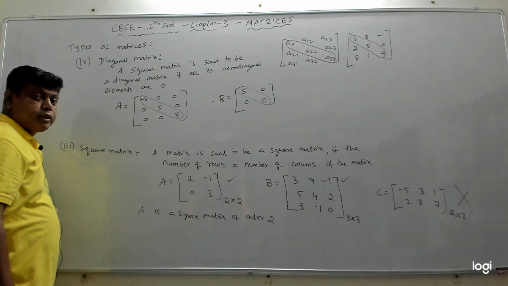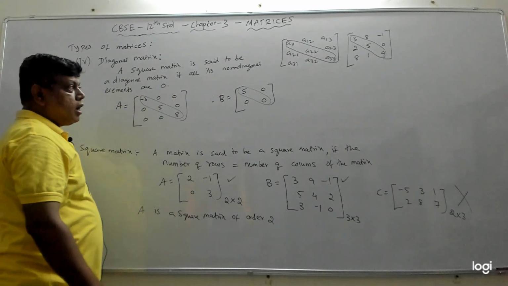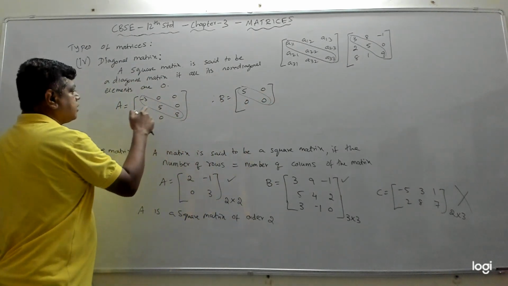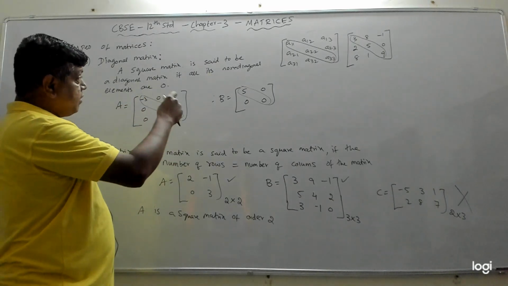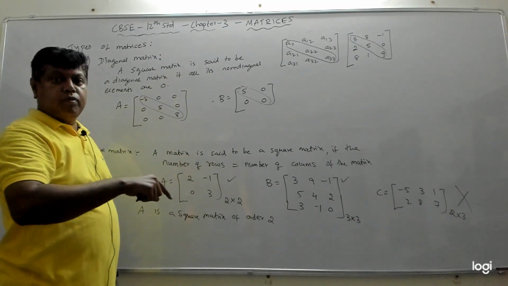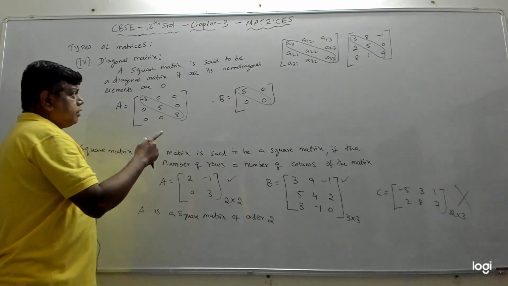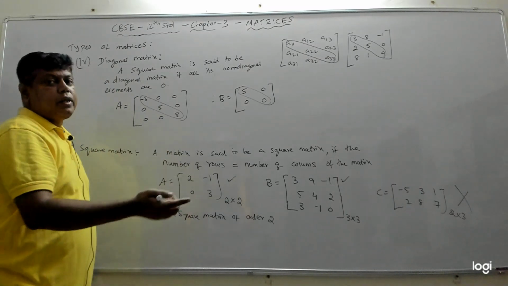Here, these 3 and these 3, 6 non-diagonal elements. The definition says the non-diagonal elements should be 0. It doesn't say anything about diagonal elements, which means diagonal elements can be anything.